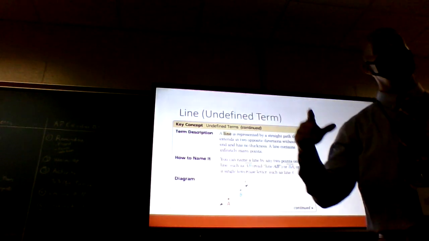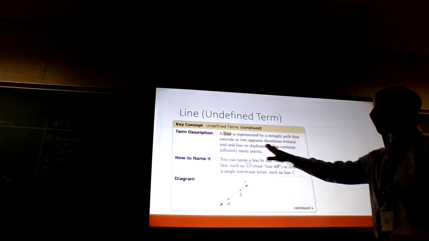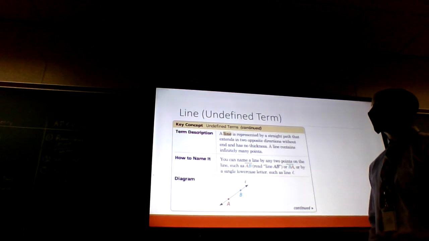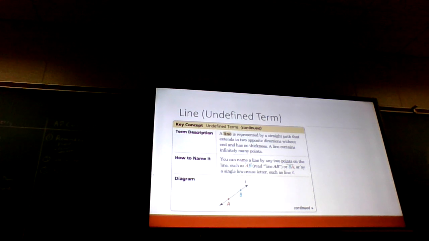This is an undefined term as well, okay? A line is represented by a straight path that extends in opposite directions with no end and has no thickness. The reason it has no thickness is guess what it's made up of? It's made up of points. How big is a point? A point has no size. So this thing actually has no size either.